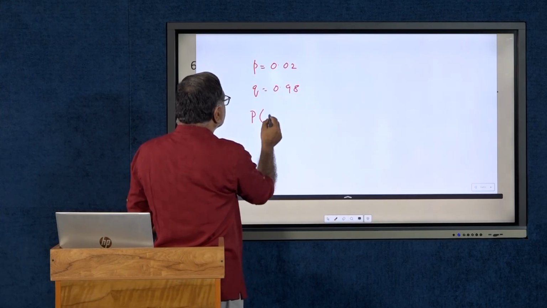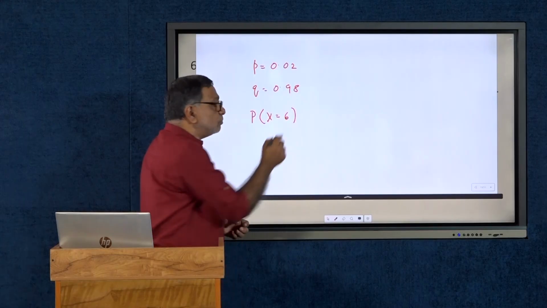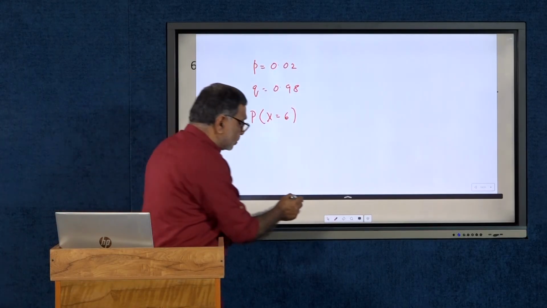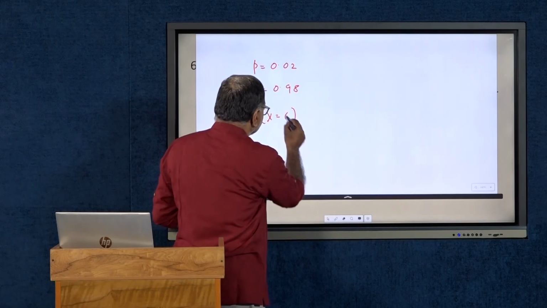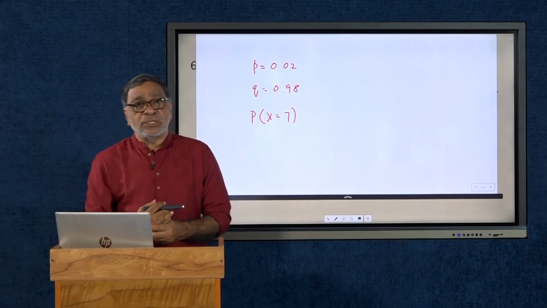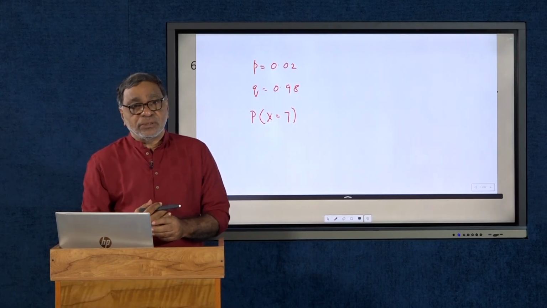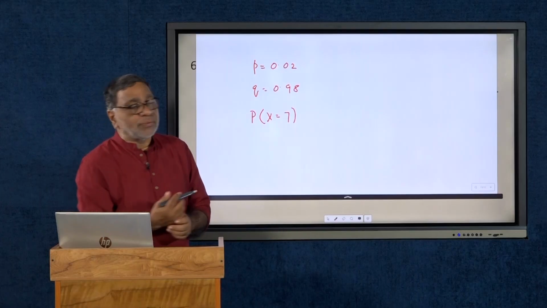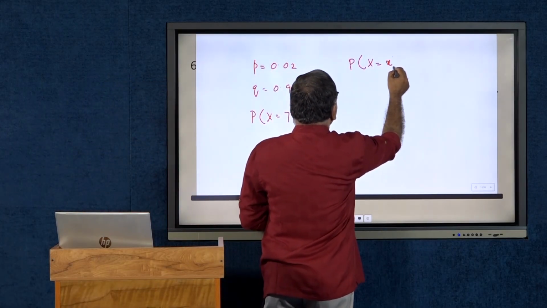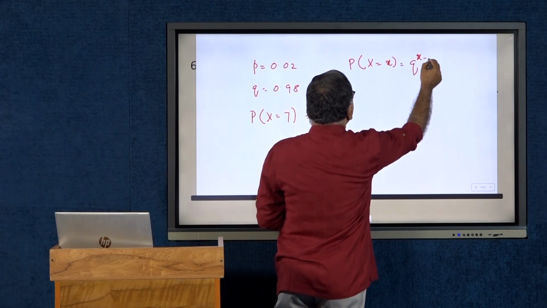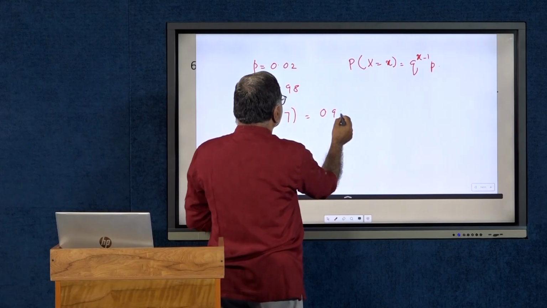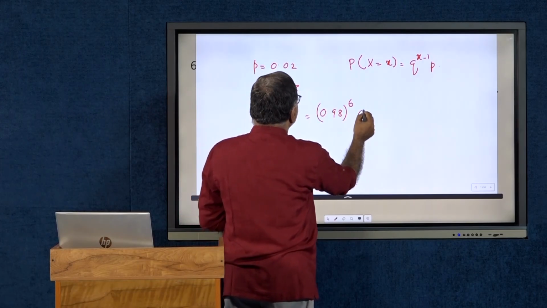In the 7th test the defective component is obtained, so X is equal to 7. That means we have the probability of X equal to x, generally q^(x-1) times p. So here it is 0.98^6 times 0.02.